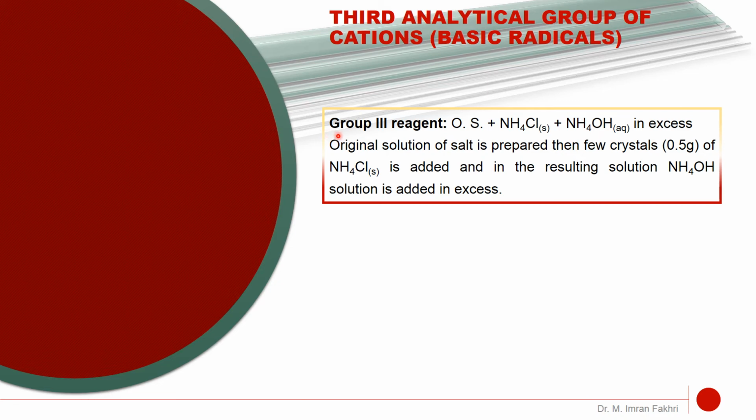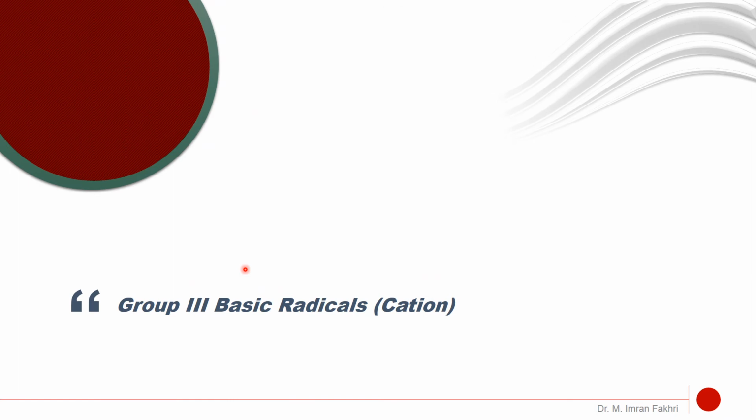So we are going to add ammonium chloride and ammonium hydroxide in excess to the original solution, and if precipitation is formed, this means that the third analytical group of cation is present. Group third, basic radicals.